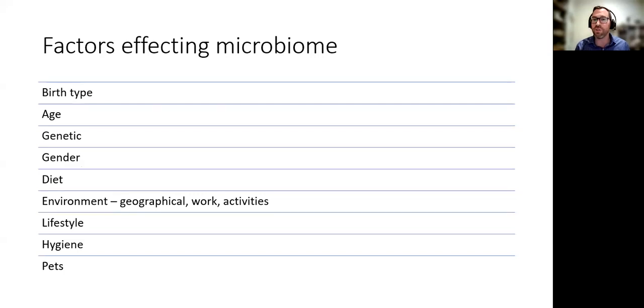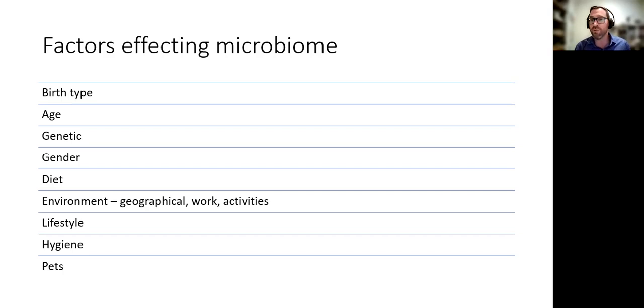Genetics are a big part of it. Gender: there's a difference between men and women, depending on how much dry or moist areas we produce. Diet is critical. We'll look a little bit more at diet, because most of the time when it comes to microbiome, we think about the dietary impact and probiotics and prebiotics. And now there's more science on postbiotics that's coming out. The environment where we live, what our work is, whether we're active, what our activities are.